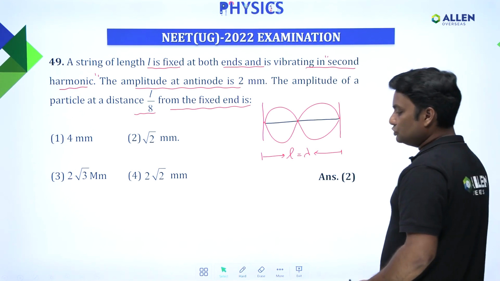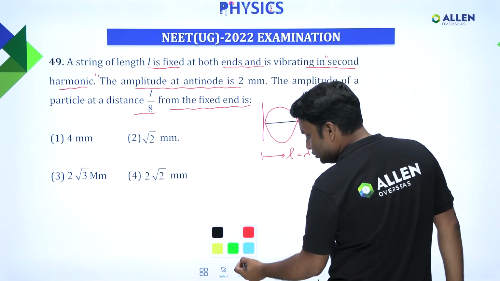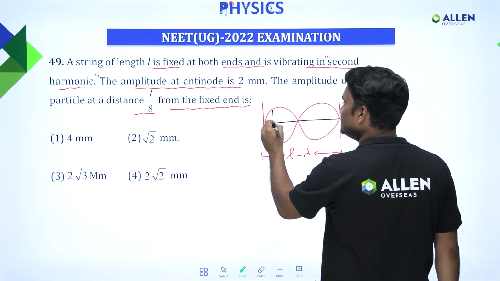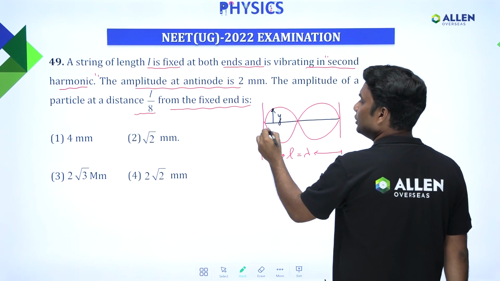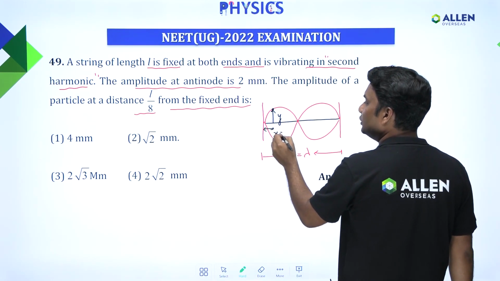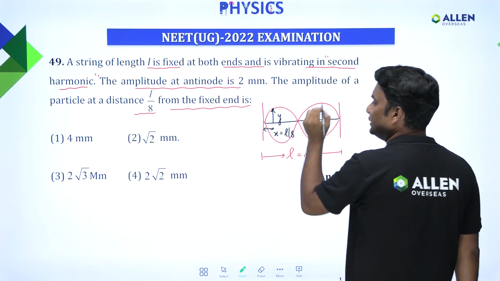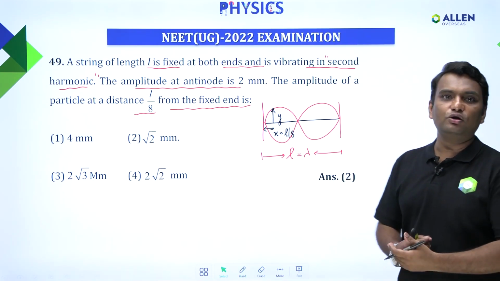Now the question is saying we need to calculate the amplitude for the particle. Let's say there is some particle here located at x equal to L by 8. We need to calculate the value of this y.